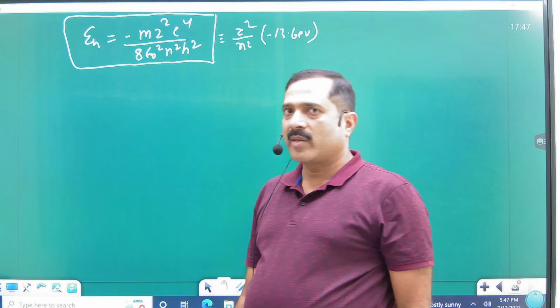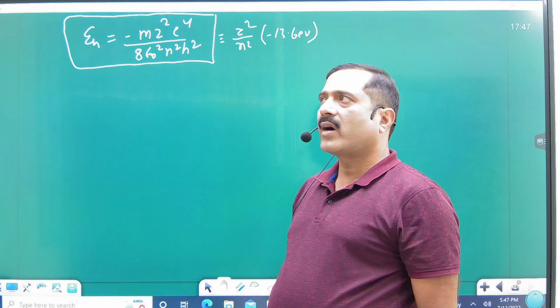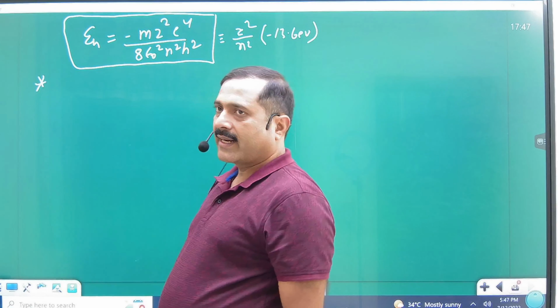We must remember that all the derivation made through the assumptions of Bohr was applicable only for hydrogen or hydrogen-like atoms.